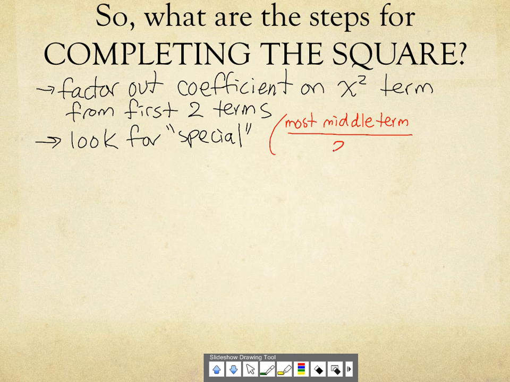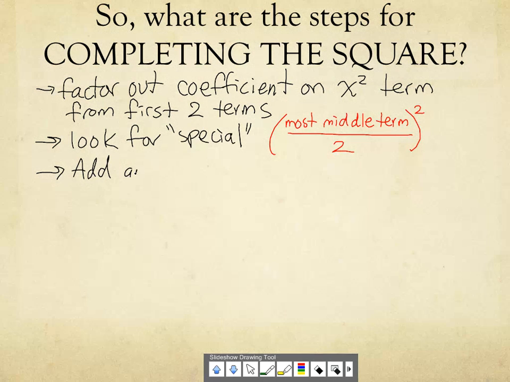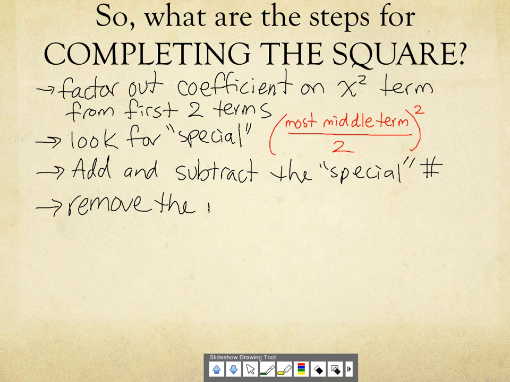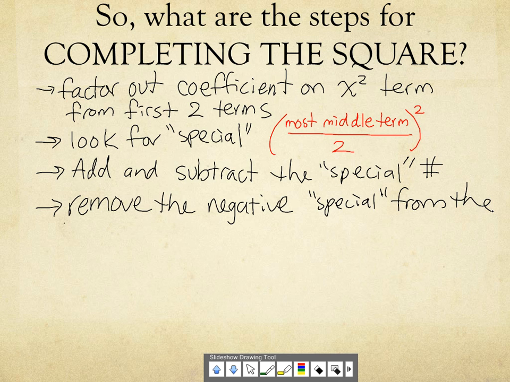So the most recent middle term divided by 2 and then squared. Okay, once you know what your special number is, you add and subtract the special number, whatever that special number is. And then you have to remove the negative special number. So the one that you subtracted, you have to remove that negative special from the bracketed section that's going to form your perfect square.